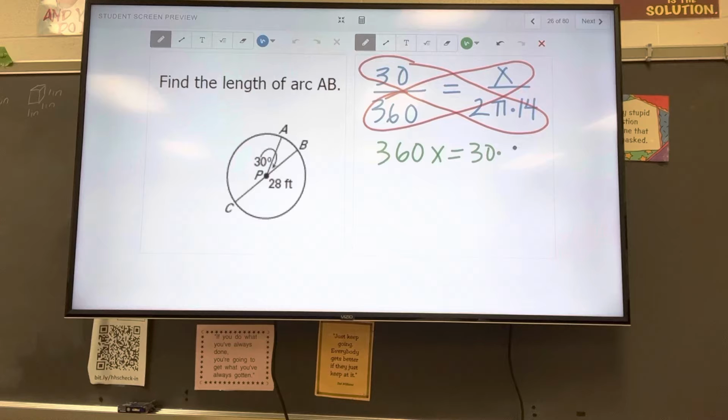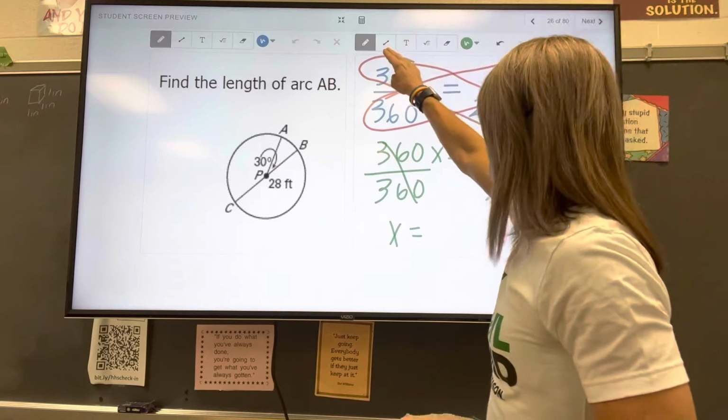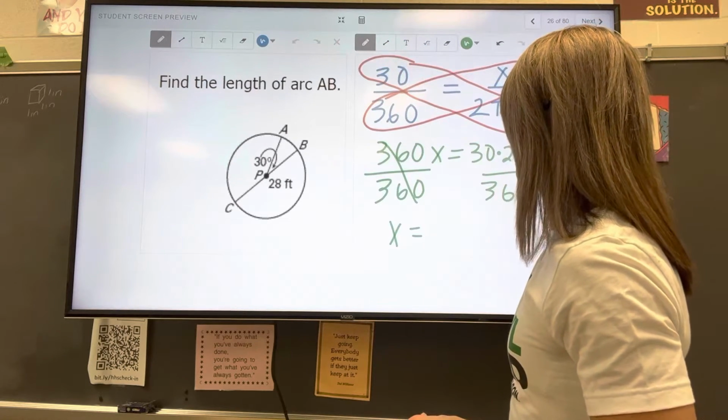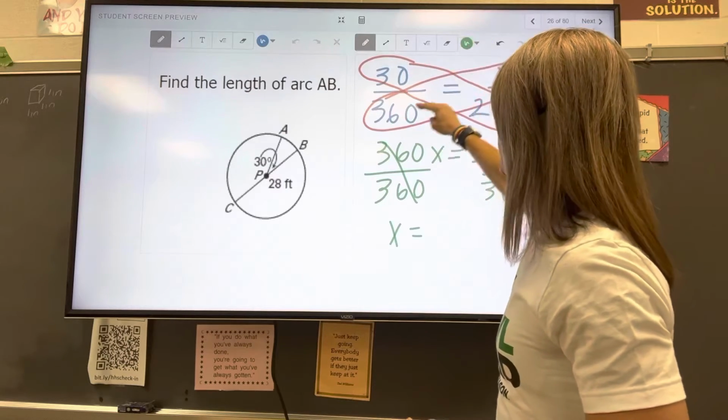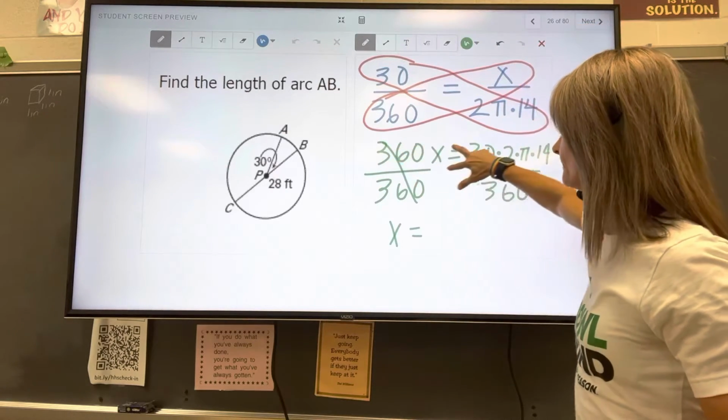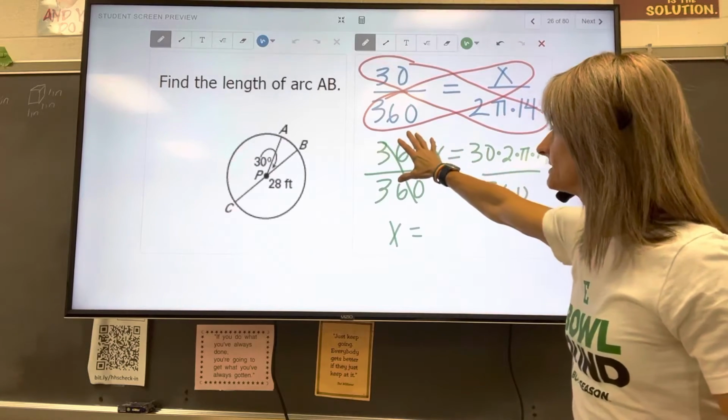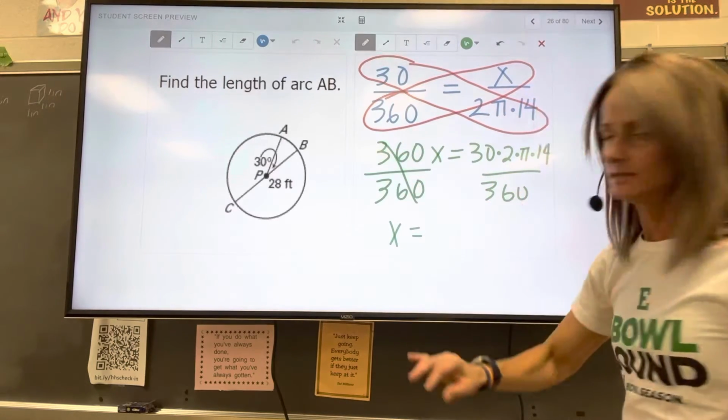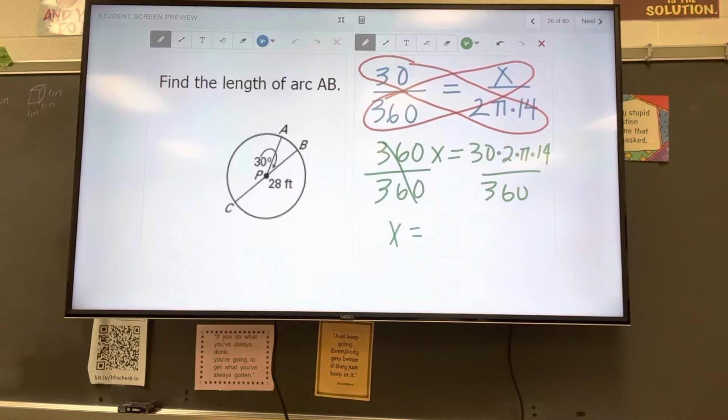So I'm just going to write it out. 30 times 2 times pi times 14 should equal 360 times x. That's this equation right here. And then we isolate x by dividing both sides by 360.